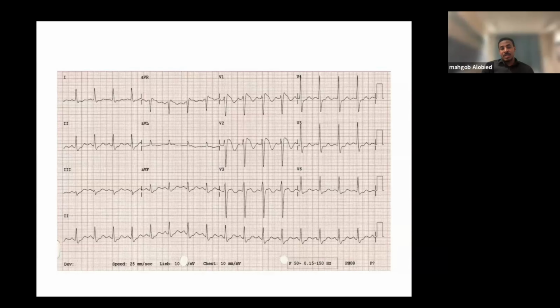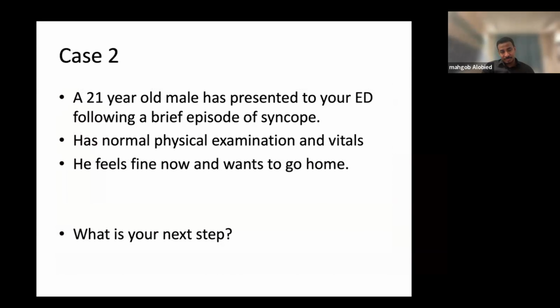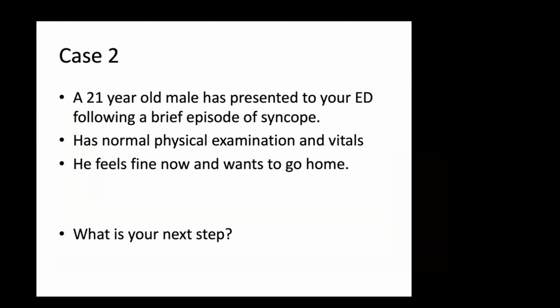Yes, this is type 1. So is it Brugada syndrome or Brugada sign in this patient, and what is the difference? This is the history. Syndrome, I think, since it's just a syncopal attack, not sudden death.